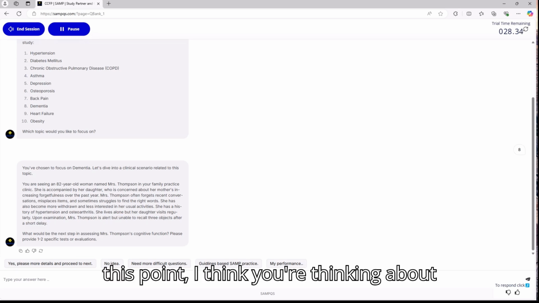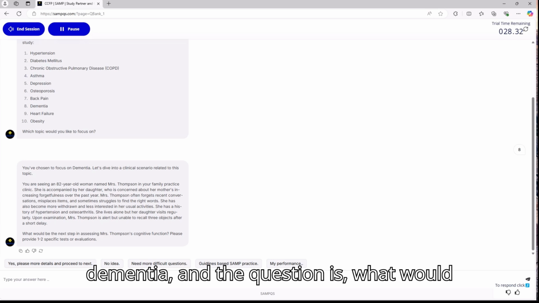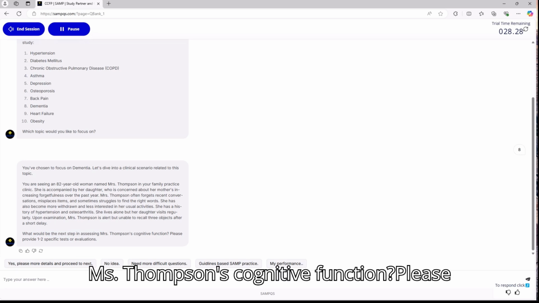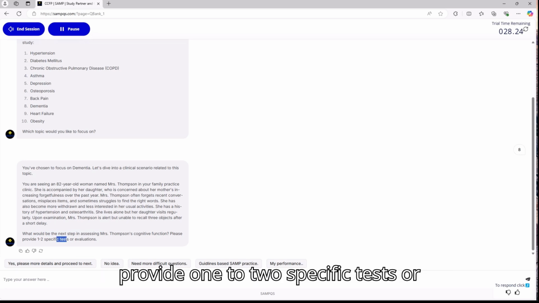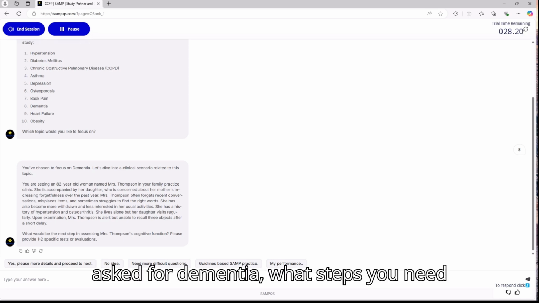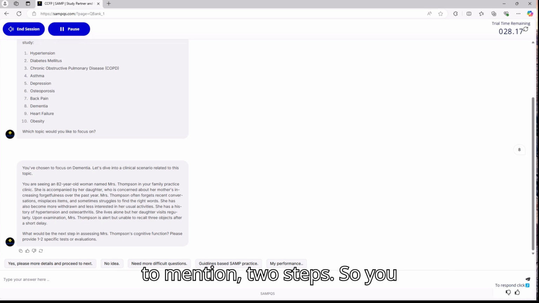So at this point, I think you are thinking about dementia, and the question is, what would be the next step in assessing Ms. Thompson's cognitive function? Please provide 1 to 2 specific tests or evaluations. So it's asking for dementia, what steps? You need to mention 2 steps.